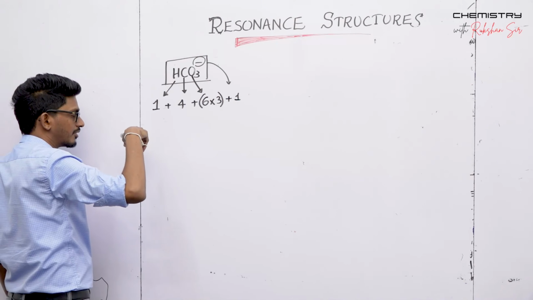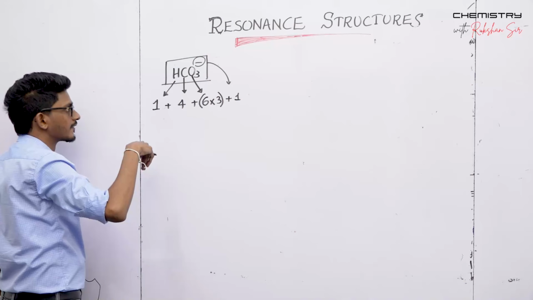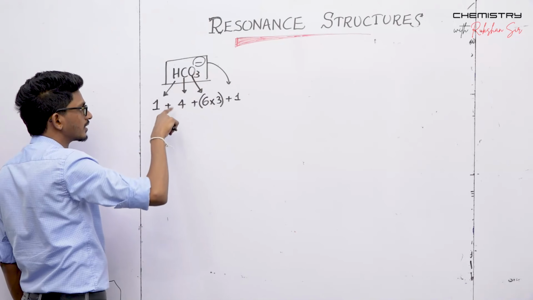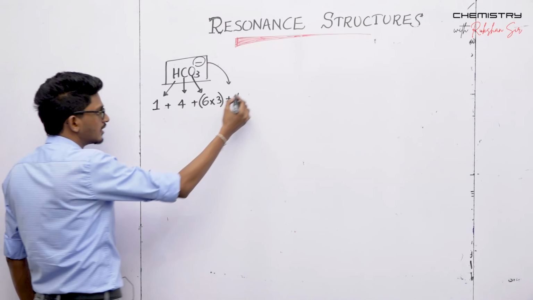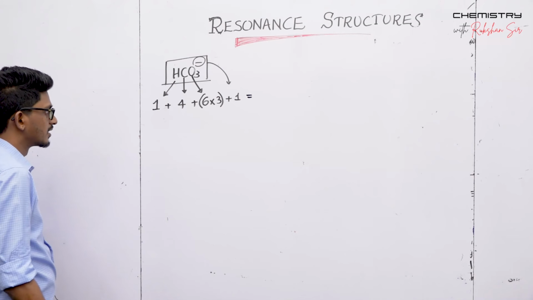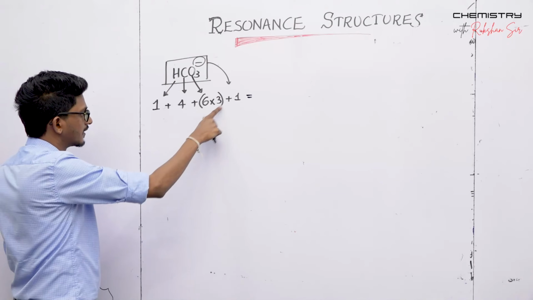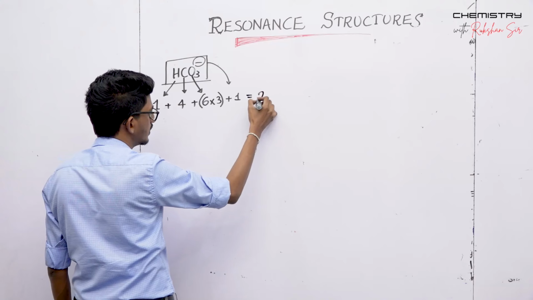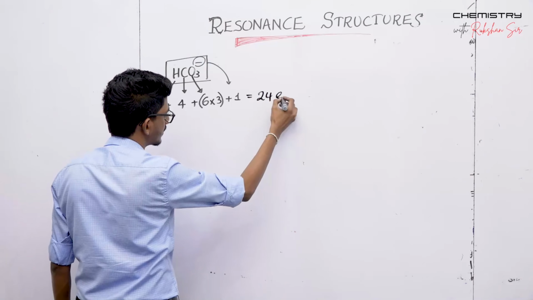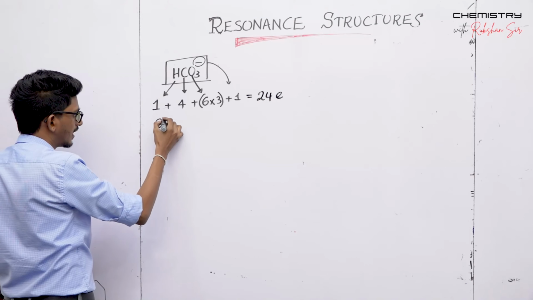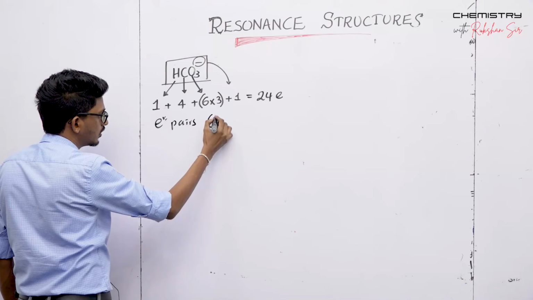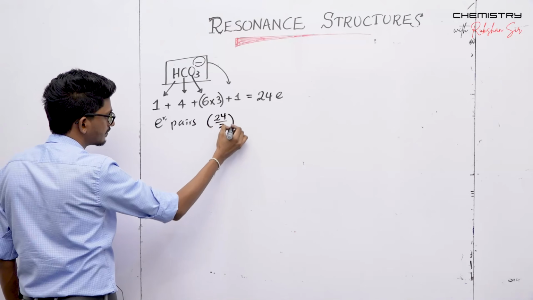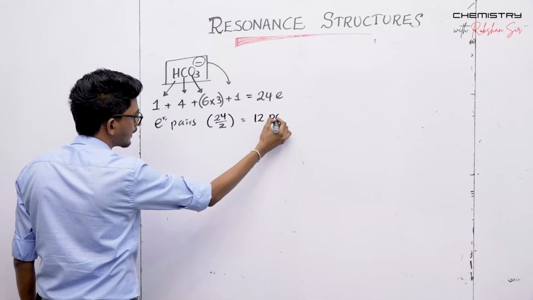You have one more electron than in H, C and 3 O's. So the summation is 1, 5, 23 and 24. 24 electrons altogether. So 24 divided by 2 is 12 pairs.